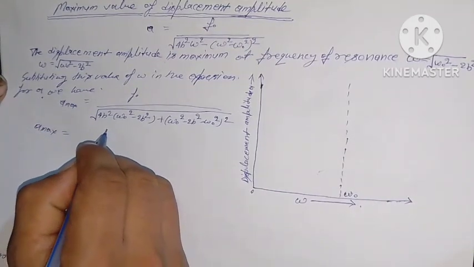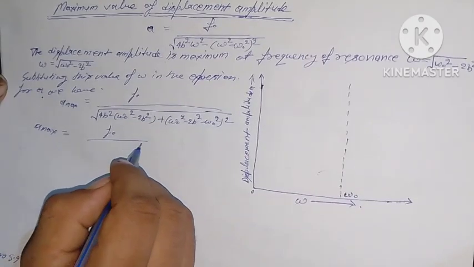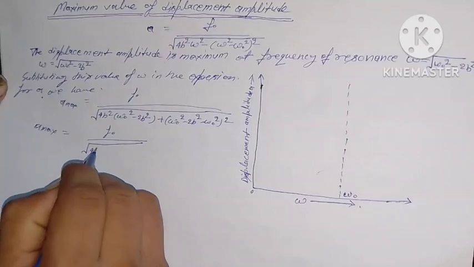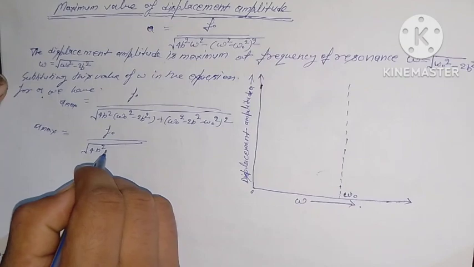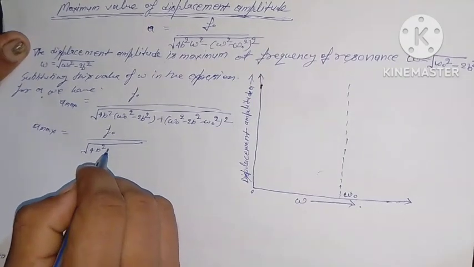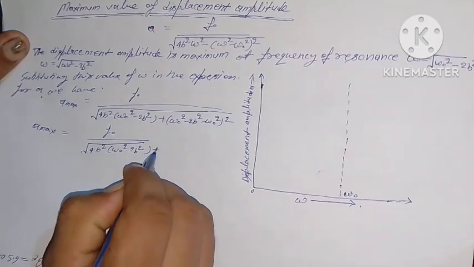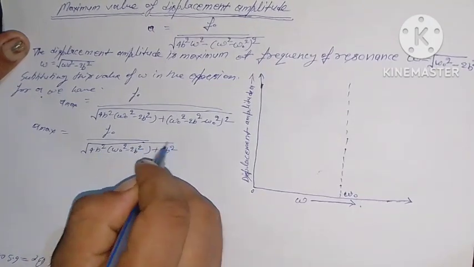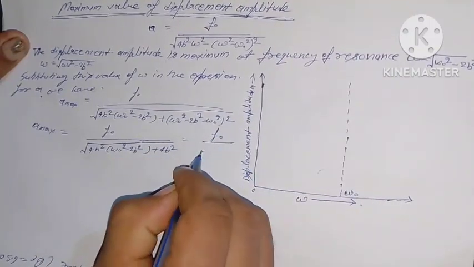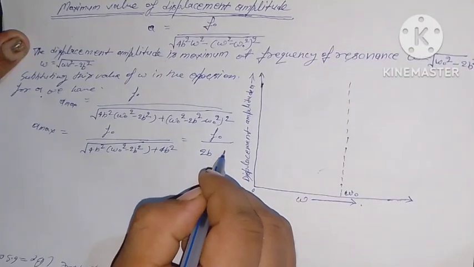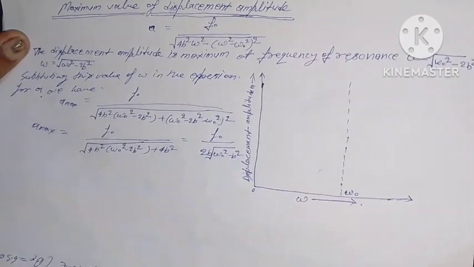Then A max equal to f naught upon under root of 4b square omega naught square minus 2b square plus 4b square. That is f naught upon 2b under root of omega naught square minus b square.